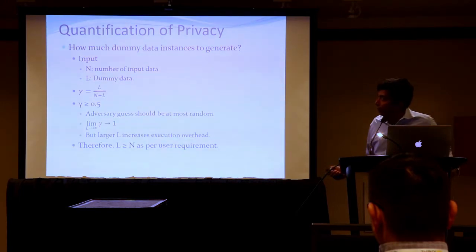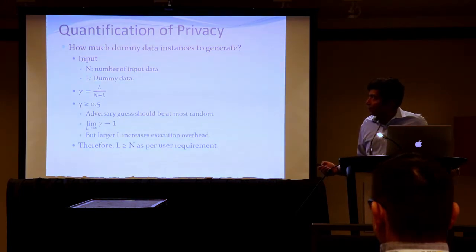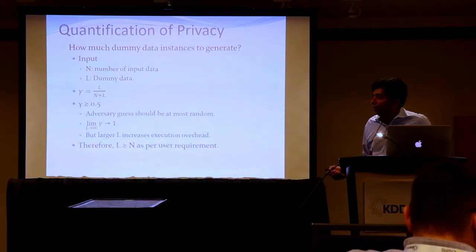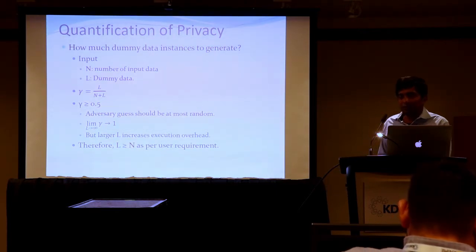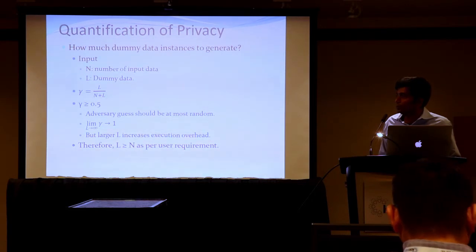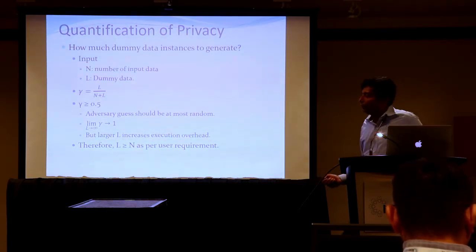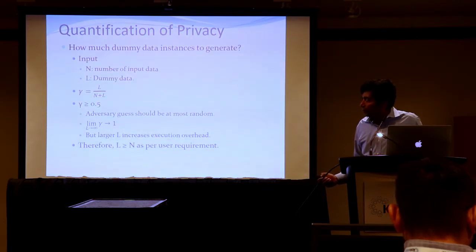In this case, n is the number of input test data and L is the number of dummy data you generated, and gamma will be L divided by n plus L. Now for a very large L, where L is significantly higher than n, gamma will be close to 1. So you are giving a guarantee for privacy.